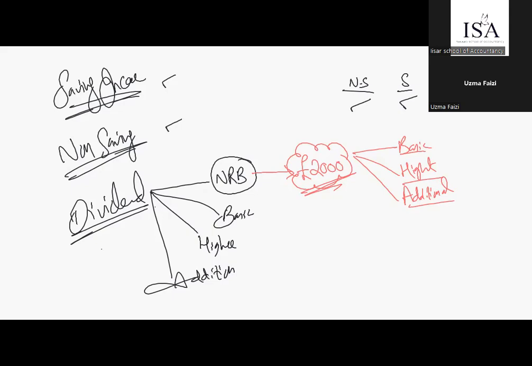In savings income, it varies. But when we talk about dividend income, the nil rate band limit is the same, constant. Whether you are a basic or higher or additional taxpayer, it's 2,000 fixed. Any questions?